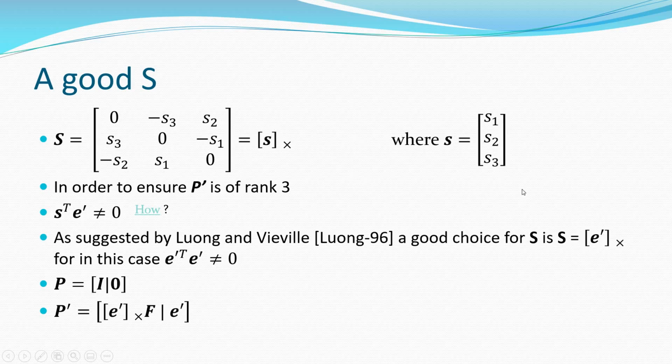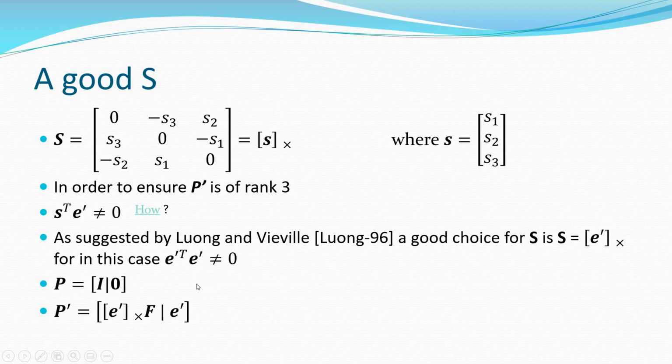Like this you can make this matrix, and that is a good choice for S, because you can also verify that E transpose E will never be equal to 0, because this is a non-zero vector. So this dot product with itself will not be 0. Hence this is a good choice for the skew symmetric matrix.